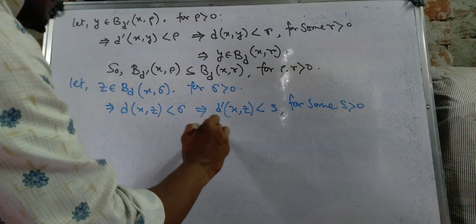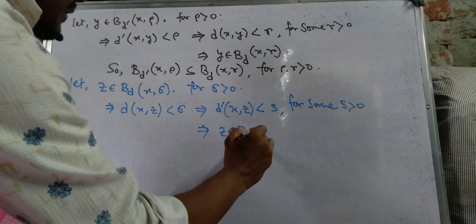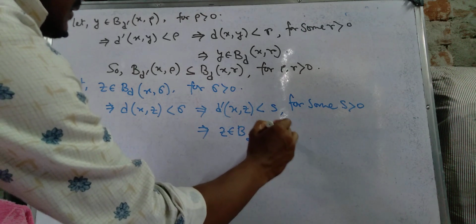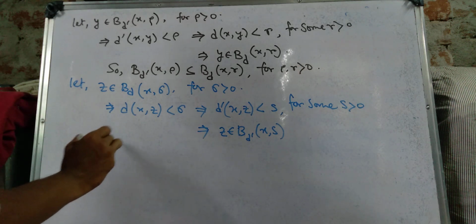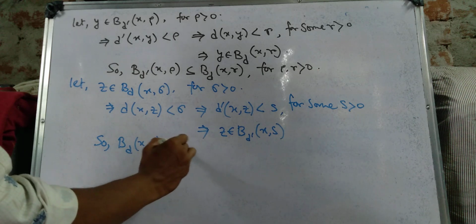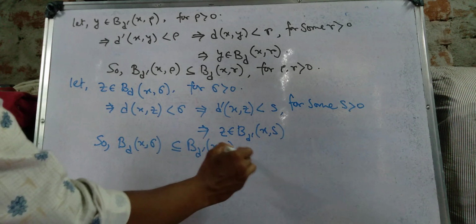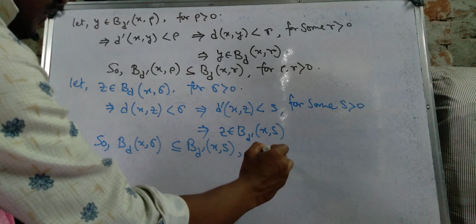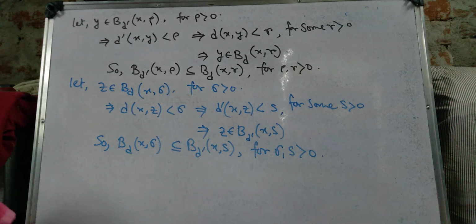This implies that z belongs to B_d'(x, ε). So B_d(x, δ) is a subset of B_d'(x, ε) for δ and ε greater than 0.